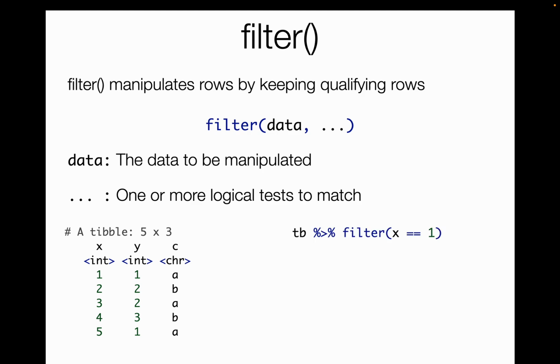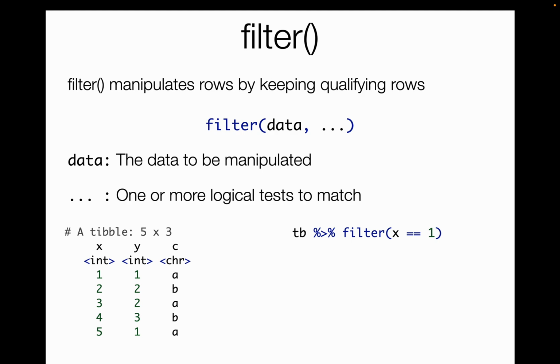So, for instance, I have this line of code, TB, and then I have something interesting, and we'll get to that in a second. And then I have say filter, x equals 1. So there's a couple of interesting things going on here. The first one that I will address is that thing in the middle, the percent greater than percent.